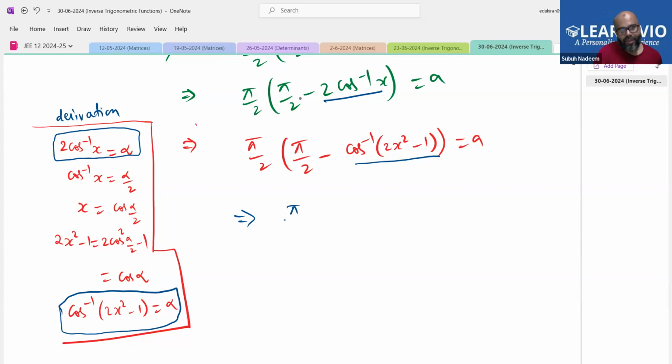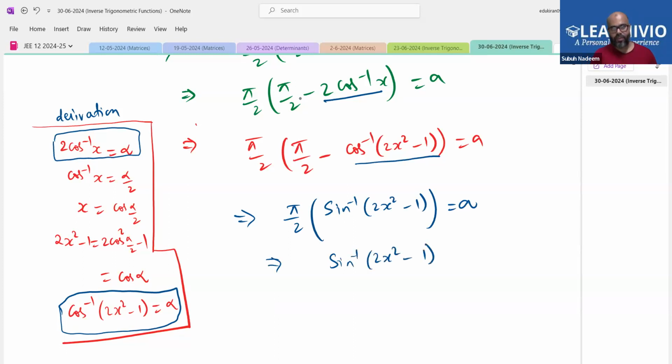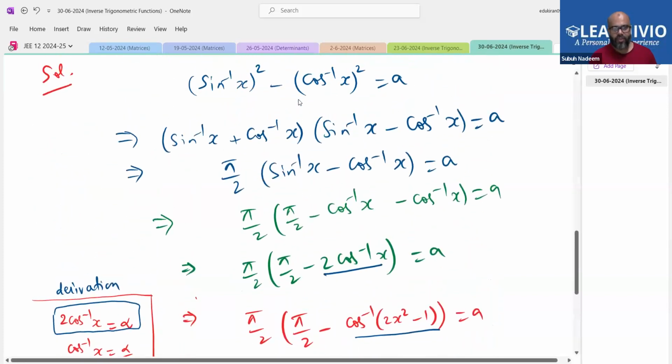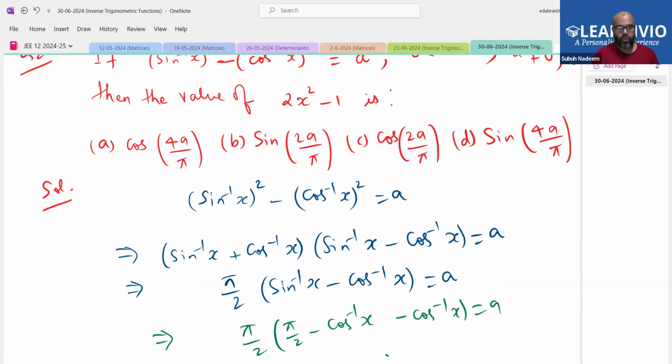Okay, so if we write this as pi by 2 minus cos inverse 2x square minus 1, this is sine inverse 2x square minus 1, because cos inverse x plus sine inverse x is pi by 2. So pi by 2 minus cos inverse x is sine inverse x. Here it is 2x square minus 1. So sine inverse 2x square minus 1 is equal to 2a by pi. 2x square minus 1 is the value which we have to calculate.